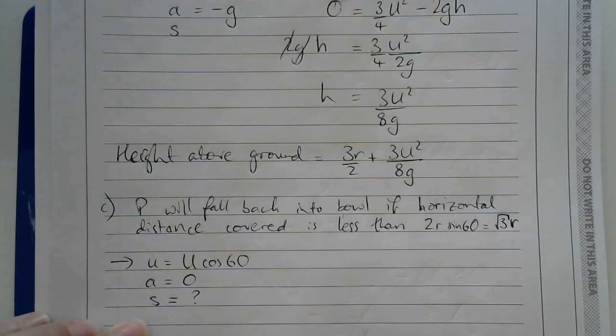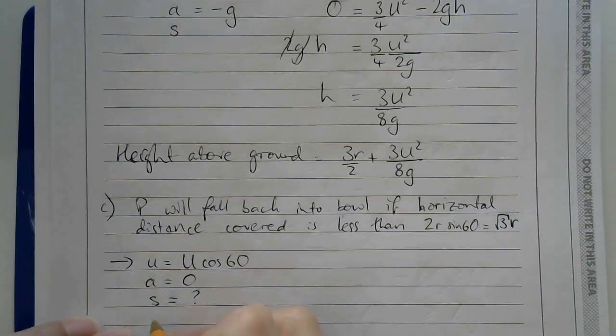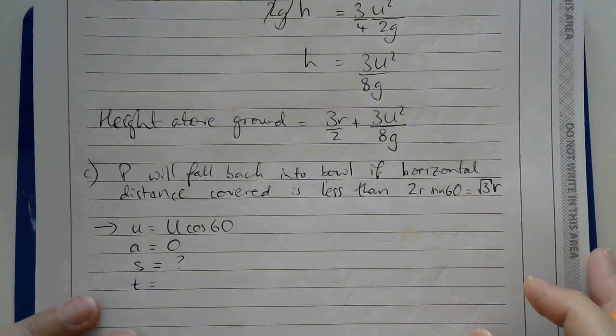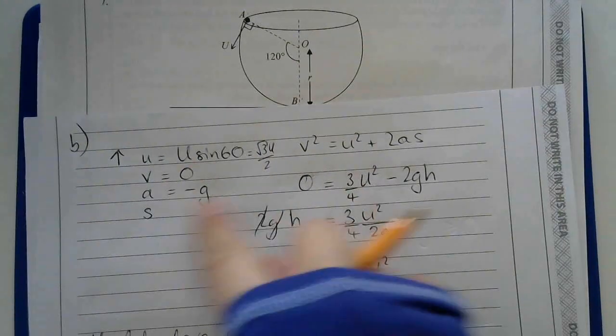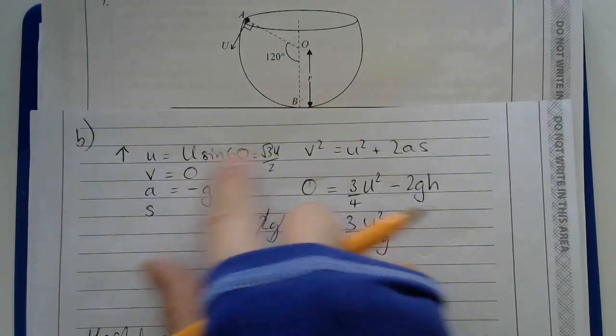So then I need some information about T. And what I could do is use these values, but not with v is 0, but with v is minus this.